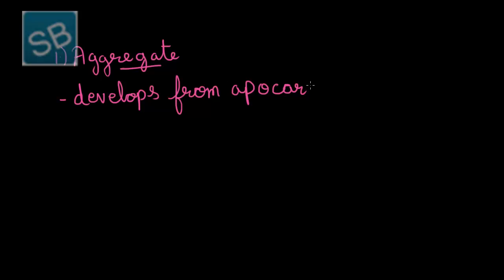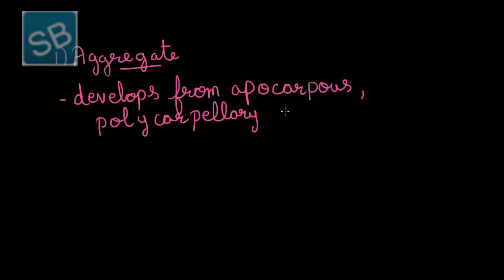Aggregate fruits are such fruits which develop from an apocarpous polycarpellary gynoecium. That is, the gynoecium possesses many carpel units which are separated or distinct from one another.